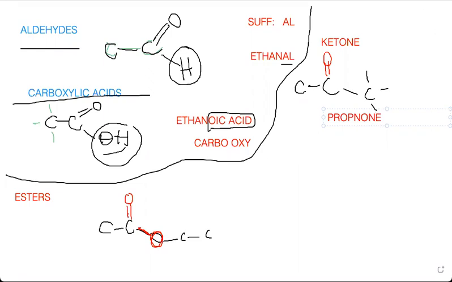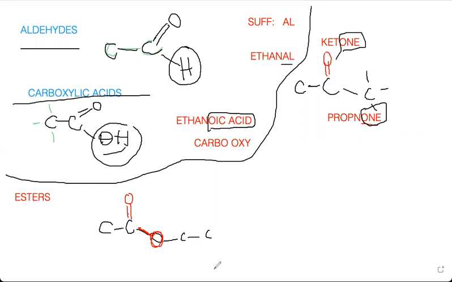You can see this is propanone. Butanone, hexanone. This is ketone. You can see, in ketone there is "one". So this is also "one". Separately, we can pronounce it like that. Ketone and propanone. What about ester?